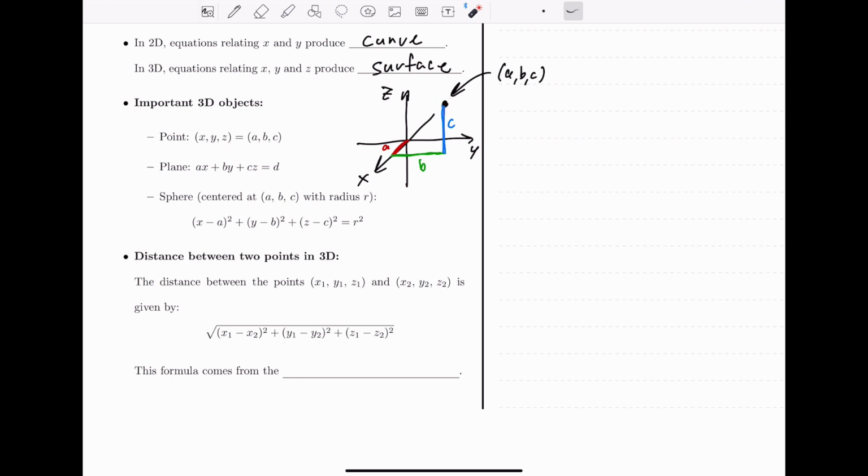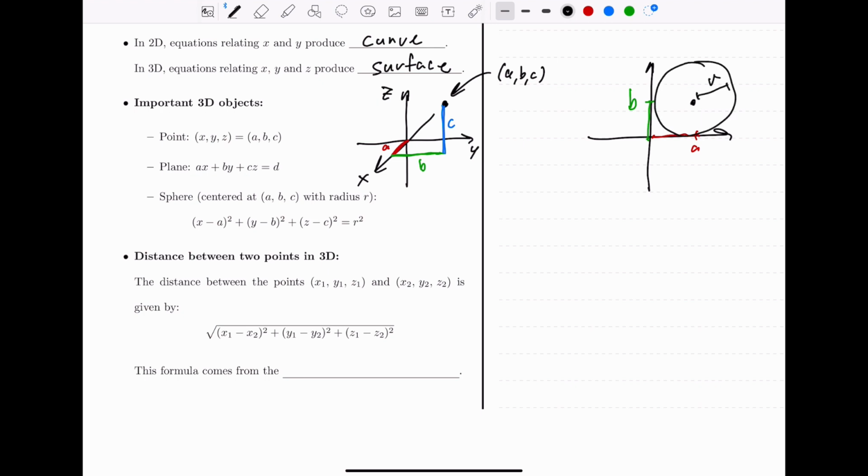A sphere, if we want to choose a specific center, let's just choose (a, b, c) as the center, we can create a sphere really analogously to a circle in 2 dimensions. Imagine taking a circle. Let's think of centering it at the point (a, b). So an x distance of a, and then a y distance of b. So we have a circle centered at (a, b). Let's just say it has a radius of r.